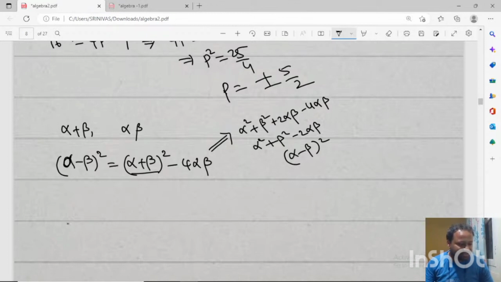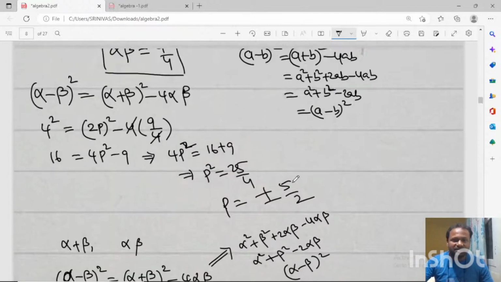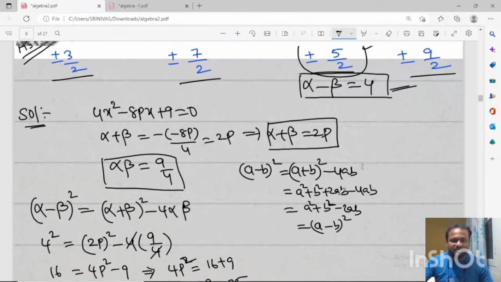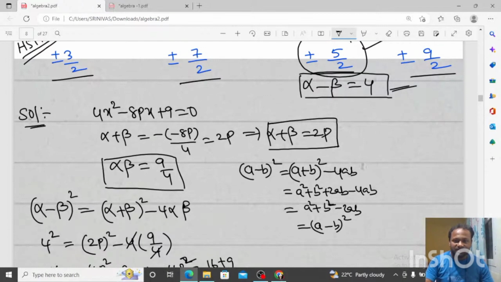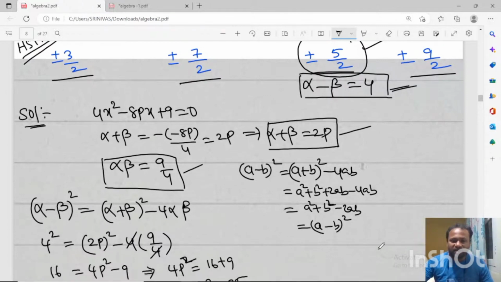Okay, see it once. Alpha minus beta whole square value, this one. What I have in the question: alpha plus beta value 2p, alpha beta value 9 by 4.